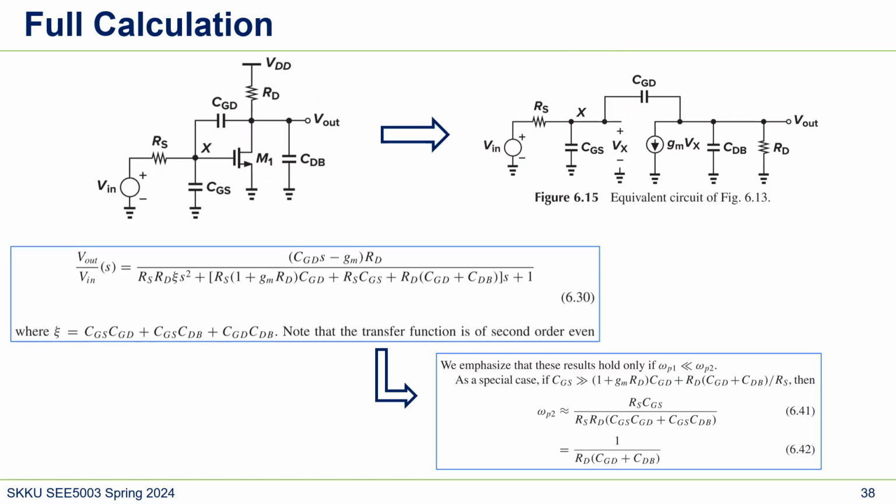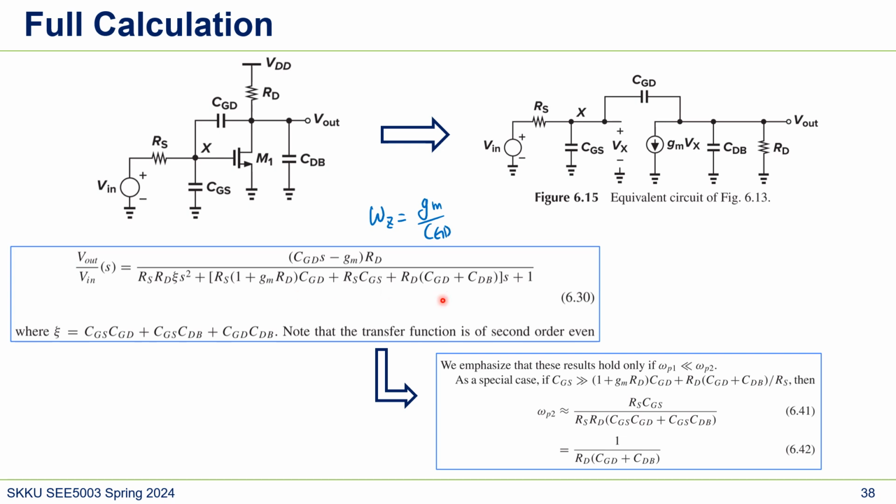In the Razavi book, there is the full calculation. These are all the components the CS amplifier has, and by using this full small signal model, we can get this result. You see that the zero is GM over CGD.